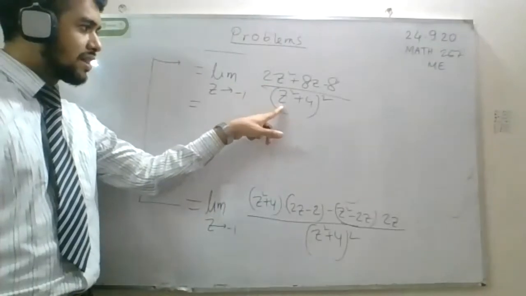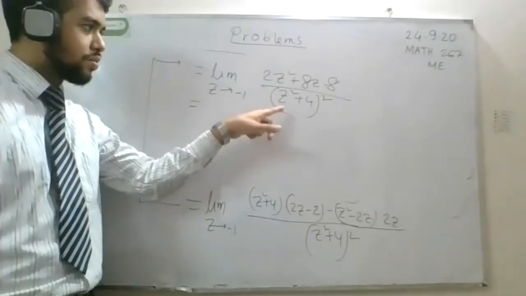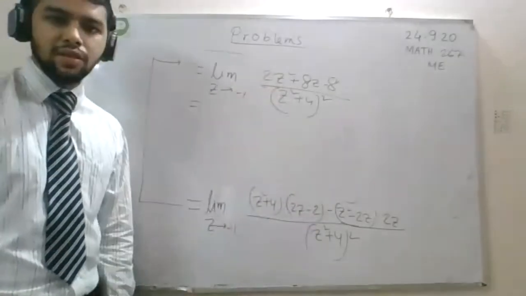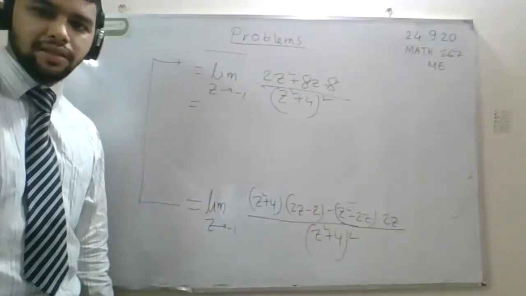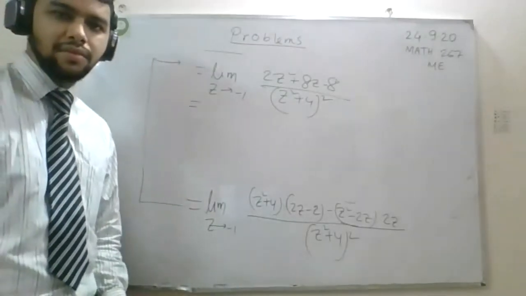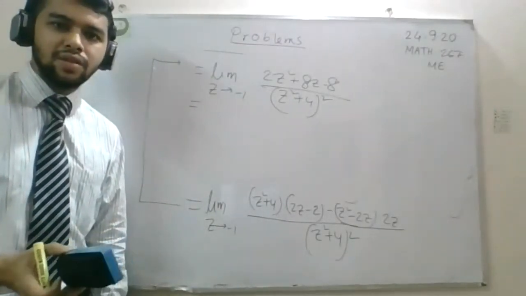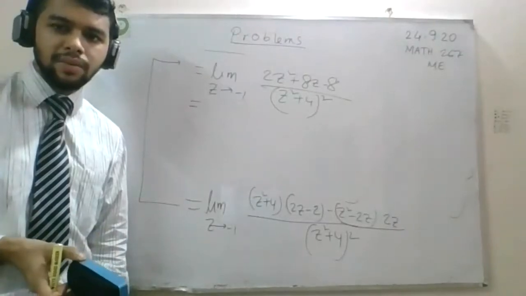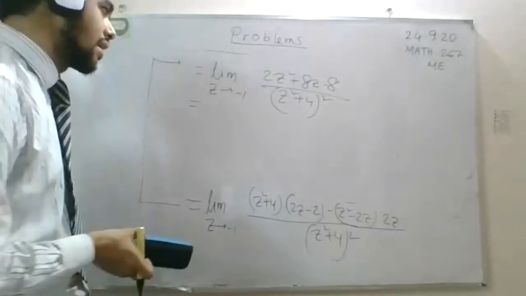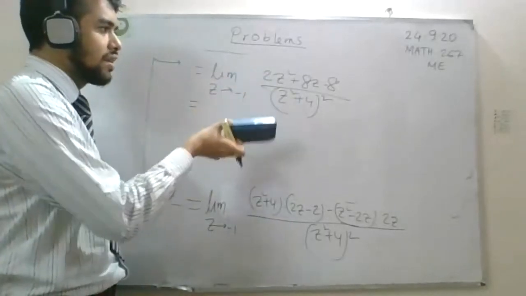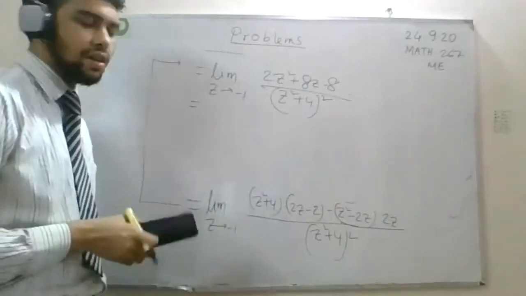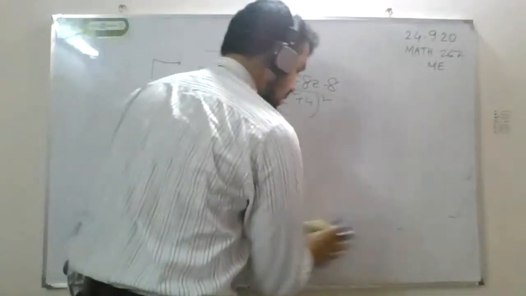But if it became 0 by 0 or something after putting in minus 1, then what would you have to do? You would have to use L'Hospital's rule. Do you remember L'Hospital's rule? Using L'Hospital's rule, you can also find the value of these residues. So this is so easy.